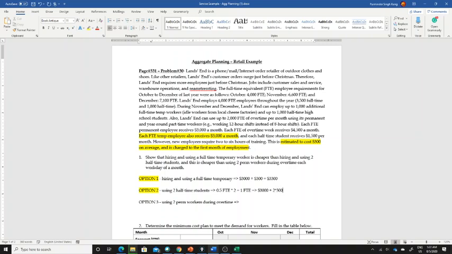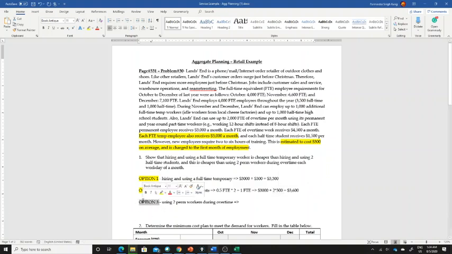So that's going to cost me $300 per head count, and we have 2 here, so that's going to come around $3,600, right? So from here we can say that hiring a full-time temporary worker is cheaper than hiring 2 half-time students, right? Because the training cost is increased. Now you're hiring 2 individuals and both need to be trained.